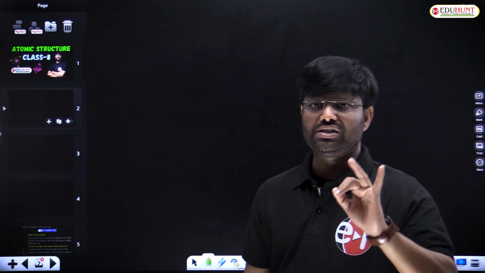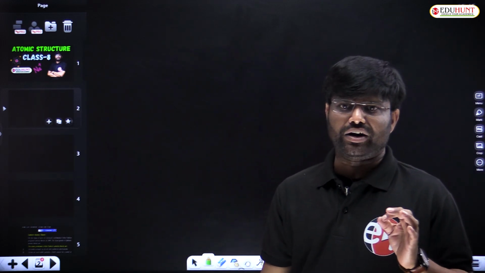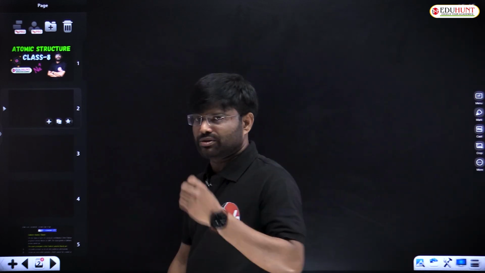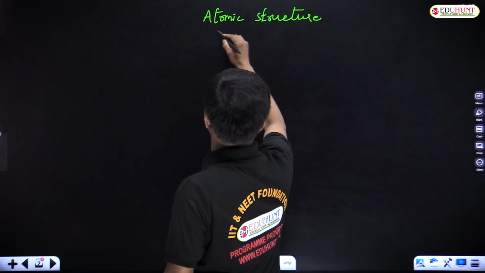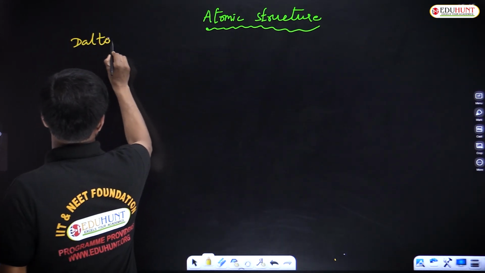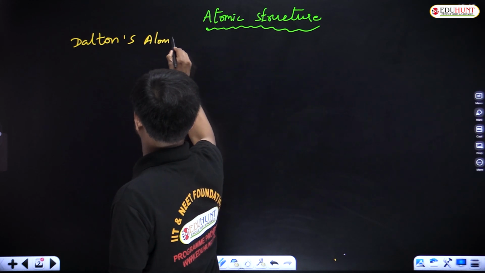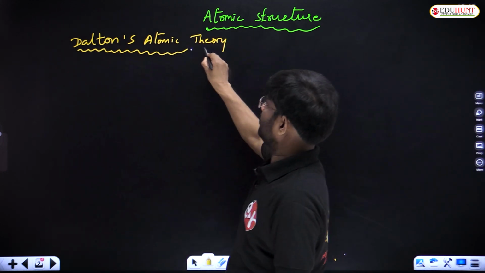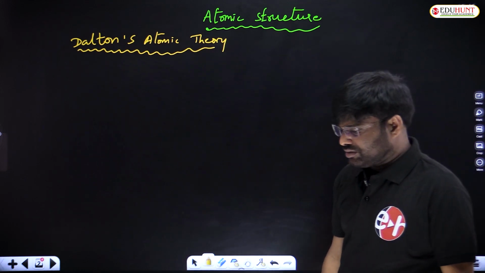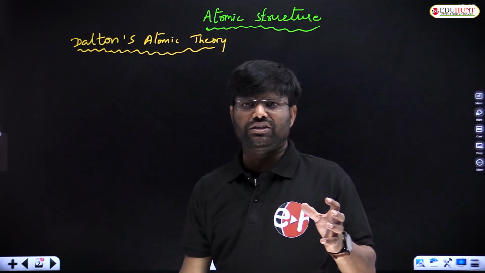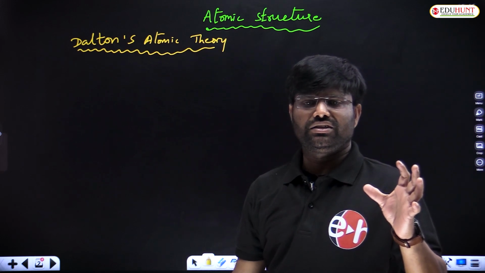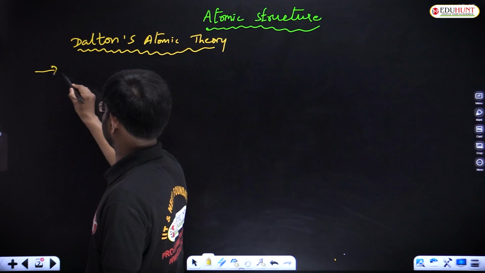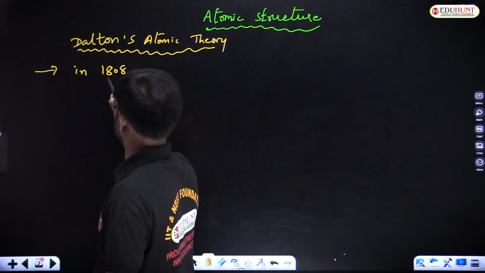Using these two laws, Dalton proposed his atomic theory in 1808.